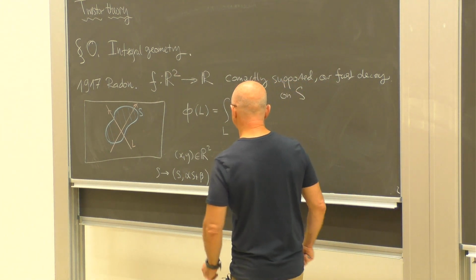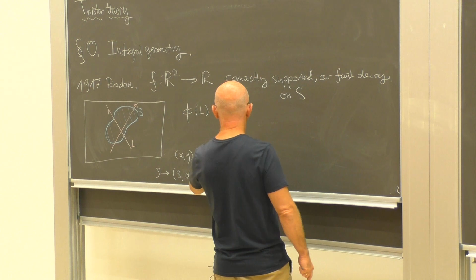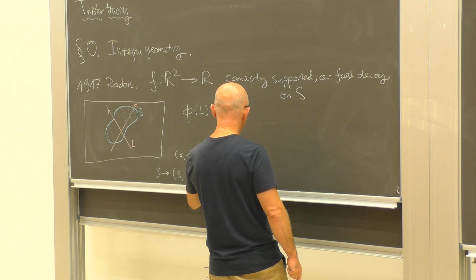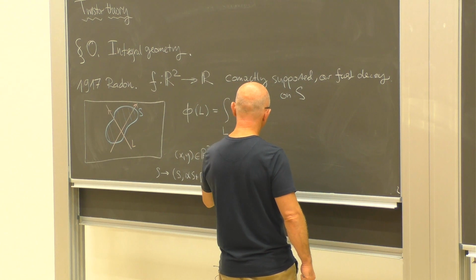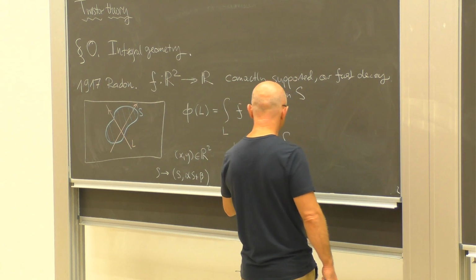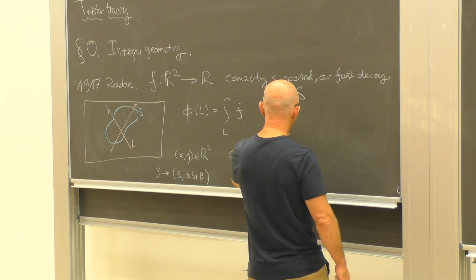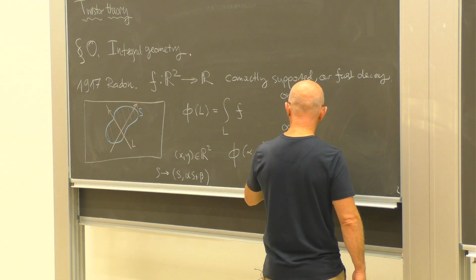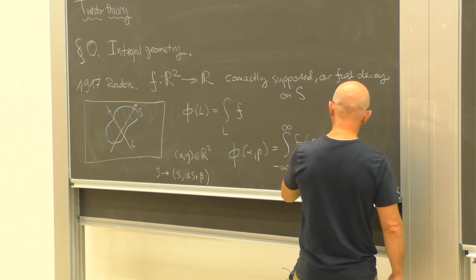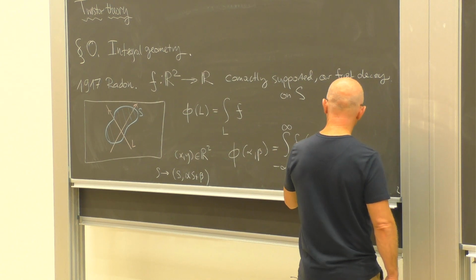So if I do that, then this integral becomes explicit, and I could say that phi of alpha and beta is just an integral over a real line from minus infinity to plus infinity of f, which now depends on s and alpha s plus beta, ds.